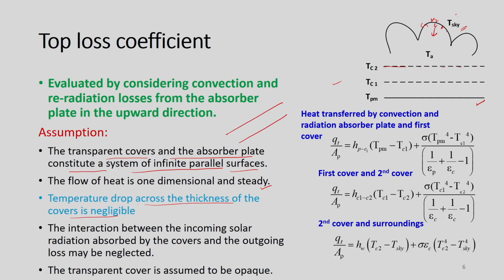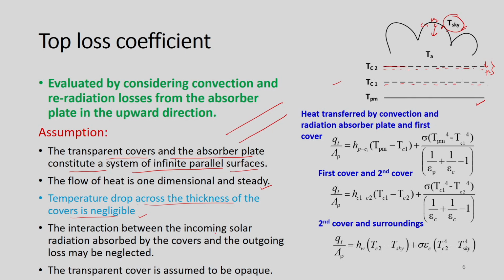That kind of radiation can also be taken care of by using this sky temperature. The cover has some thickness, so there should not be any heat losses here. There will be no drop of temperature in those regions. That is what is said: temperature drop across the thickness of the cover is negligible.